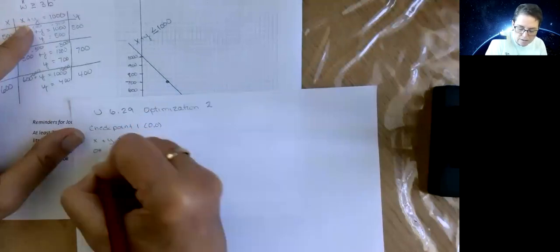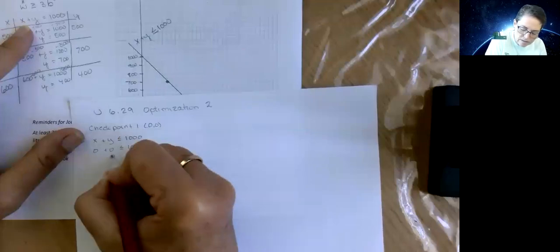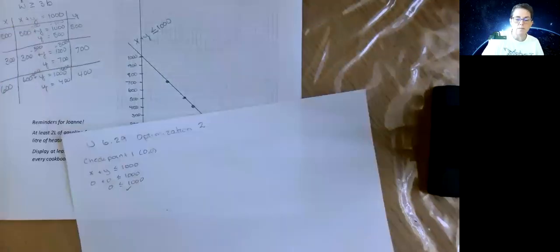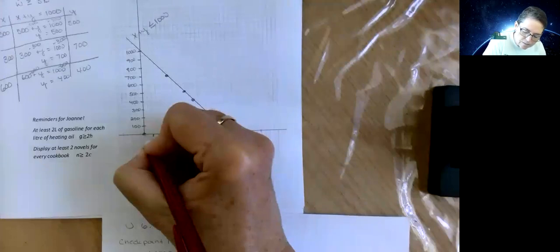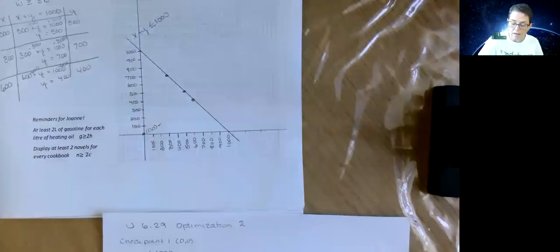So 0 plus 0 is less than or equal to 1,000. 0 is less than or equal to 1,000. So on my graph, 0, 0. And that's okay.